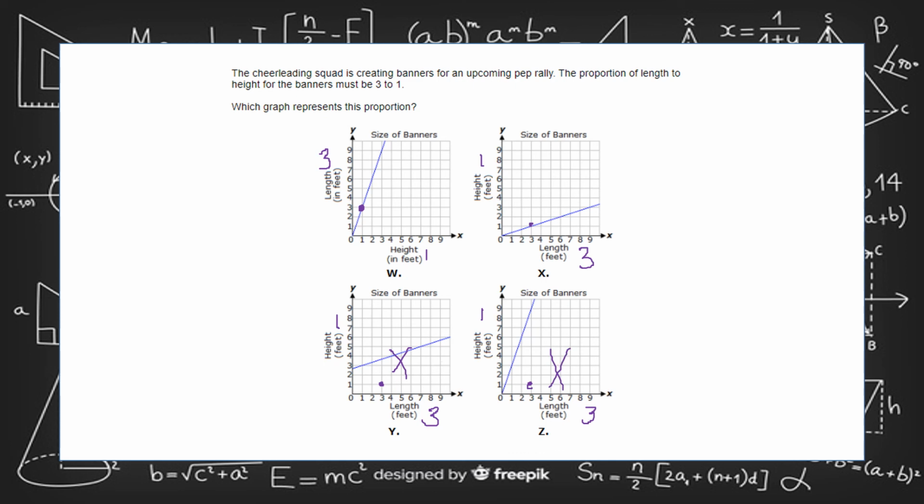The proportion of length to height is 3 to 1. So when you see that, the top of the proportion is your Y value, and the bottom of your proportion is your X value. If it's 3 to 1, you want the 3 to be your Y value.